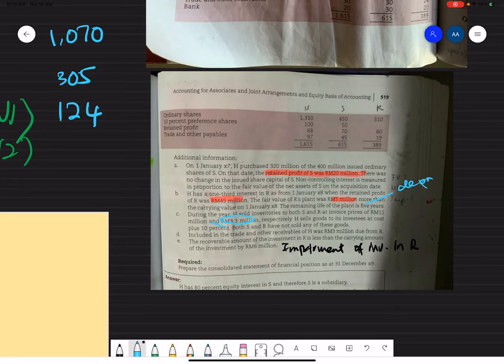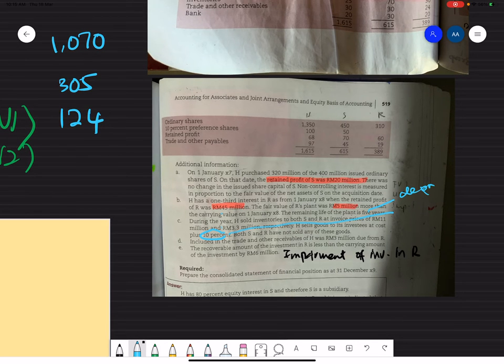So the 10% of the remaining balance will affect the profit and loss, like we have discussed just now. This is what you call unrealized profit.